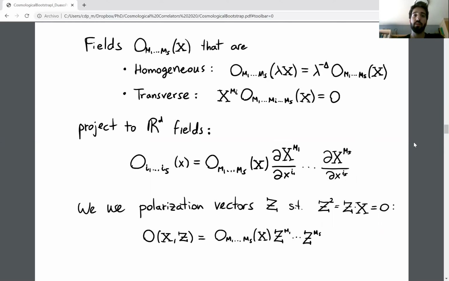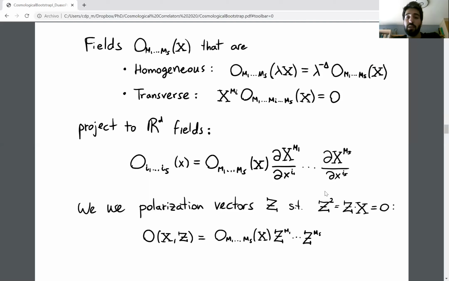When it comes to fields, if we have a tensor field, for example, in the embedding space, and it satisfies these two conditions, that is homogeneous under the rescalings of the coordinates, and that it is transverse, this tensor field will project to tensor fields in the actual R^d space where we have our CFT.